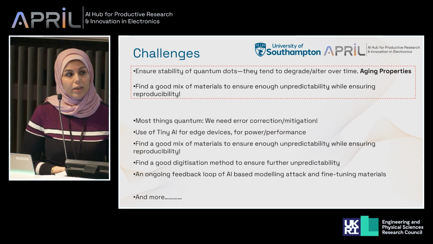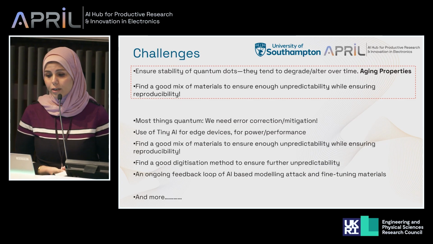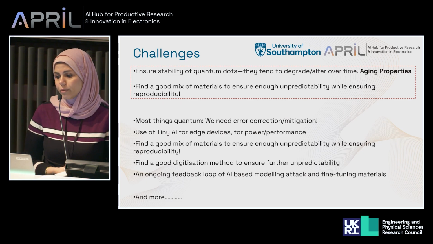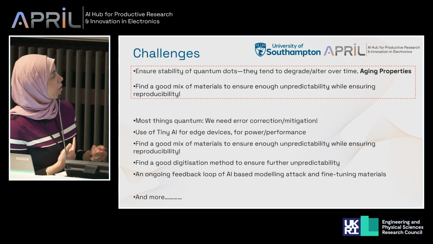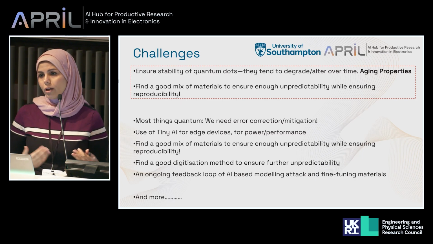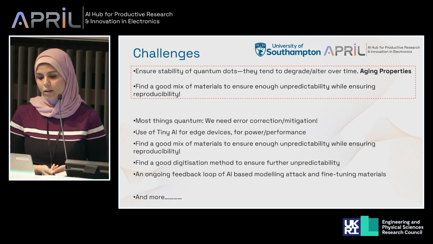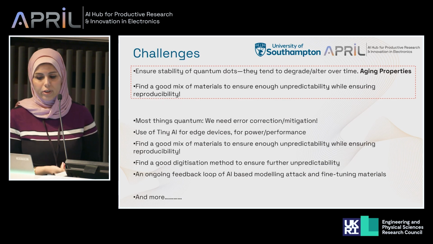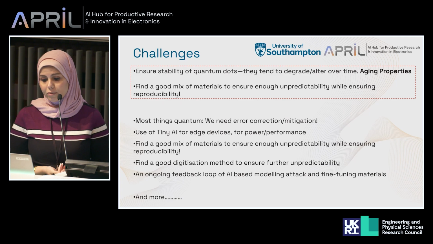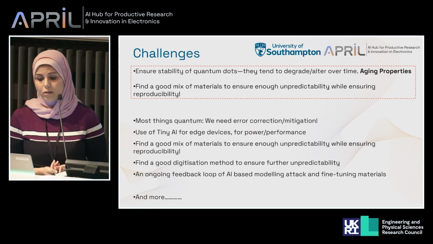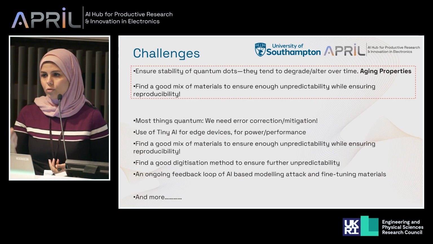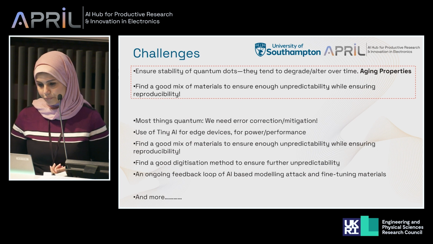So we're going to study the aging properties of these nanomaterials, and find a good matrix for these materials to ensure reproducibility and unpredictability. There are so many other challenges, for example, most things are quantum, so we need error correction, and we also need to build a tiny AI for edge devices, which means we can use our phone to identify the object.